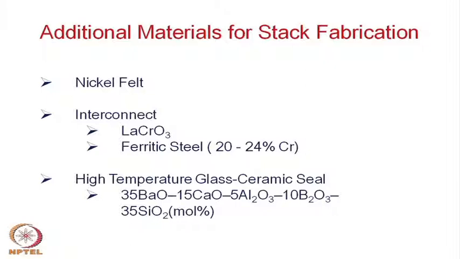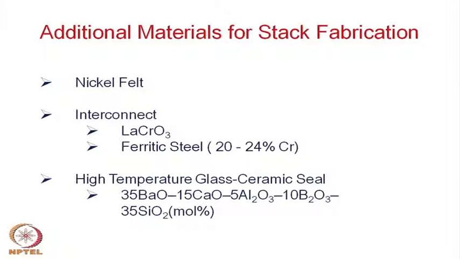So, one aspect is to match the thermal expansion coefficient between the three active materials like electrolyte, cathode and anode, and then the inactive or passive materials like the interconnect also have to be matched.